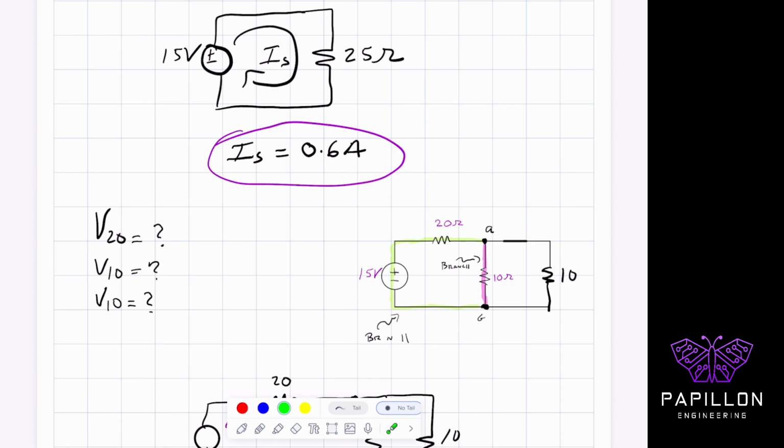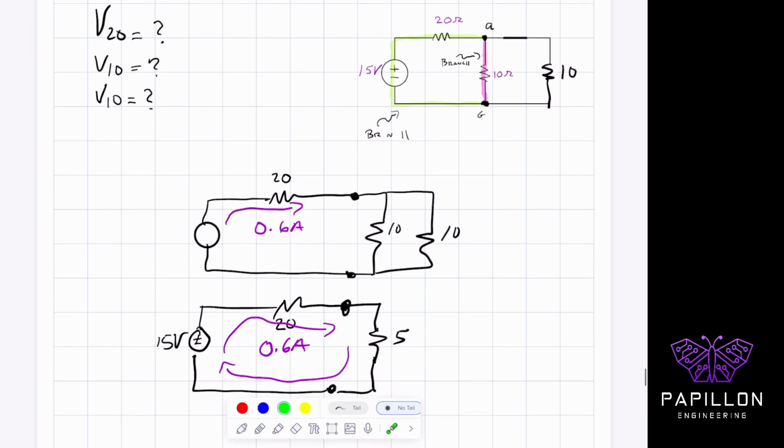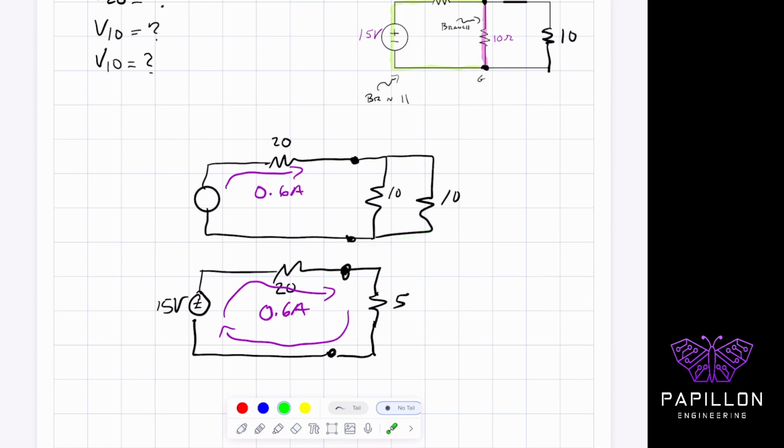Okay. So to do that again, here's our original problem. We had three branches: this branch, the middle, and the one on the right, and I simplified it to the 5, right? So I took this circuit. You notice the 0.6 leaves our source. The 0.6, make sure I don't forget my convention signs again.